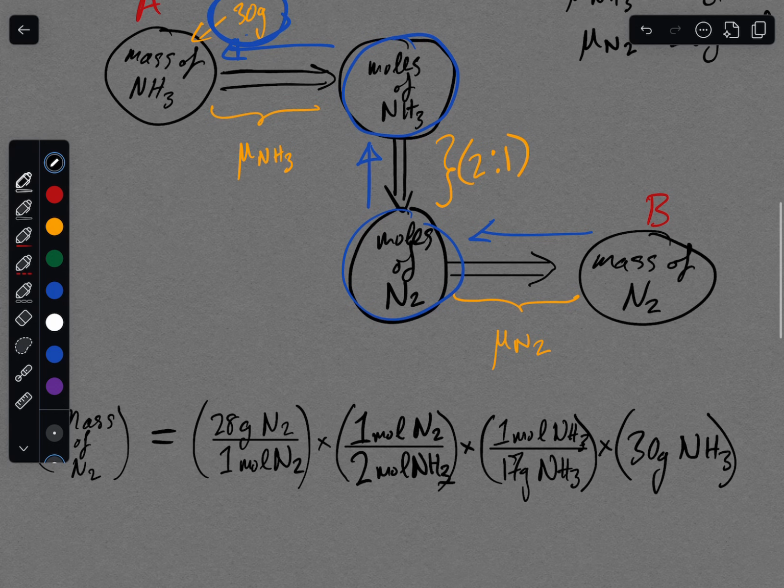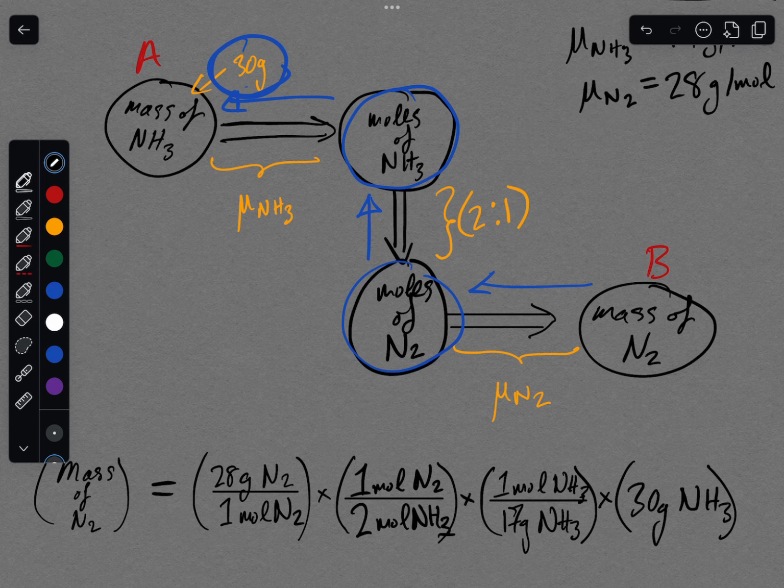So let's take a look at this beast of an equation here. This allegedly is the mass of nitrogen gas. Let's follow the chain of units here. Moles of N2 here and moles of N2 there, the units will cancel out. Beautiful. Moles of NH3 here, moles of NH3 here, those will cancel out. Grams of NH3, grams of NH3, those will cancel out.